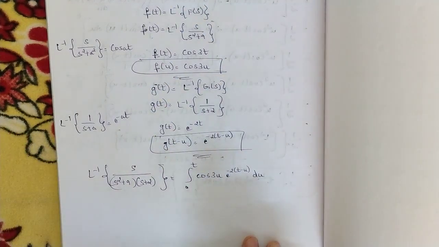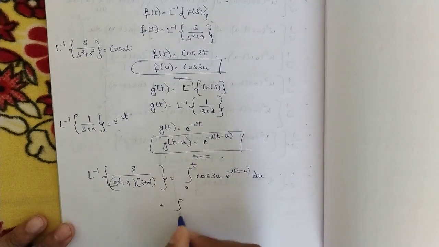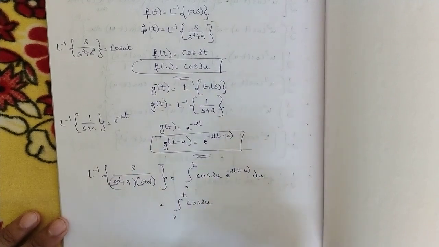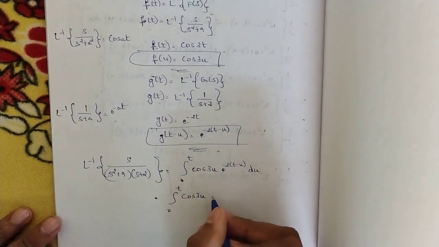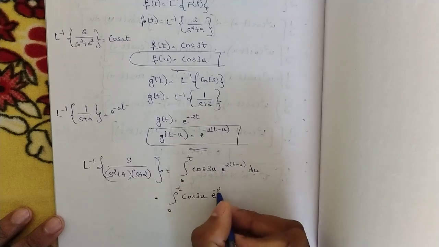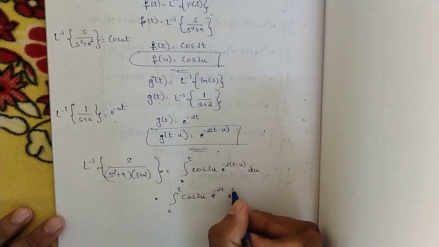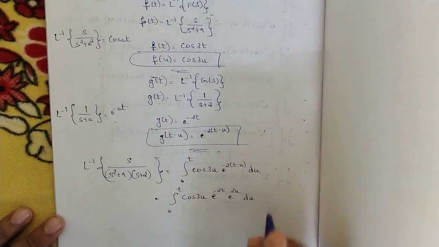Okay. So do the integration now, 0 to t, cos 3u e to the power minus 2t, and minus into minus is plus, e to the power 2u du.